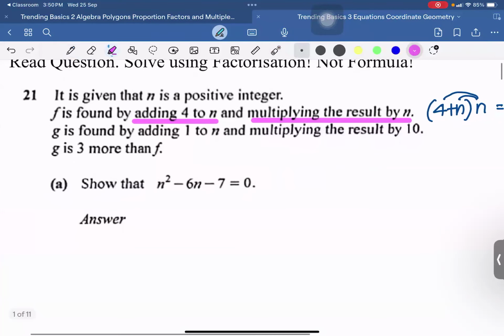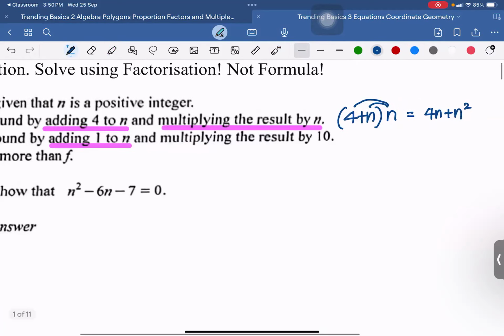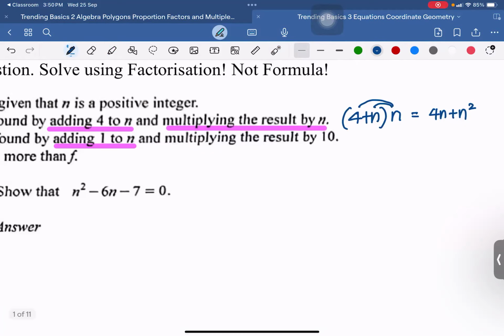Second statement, G is found by adding 1 to n. Tell me, what is adding 1 to n? 1 plus n.